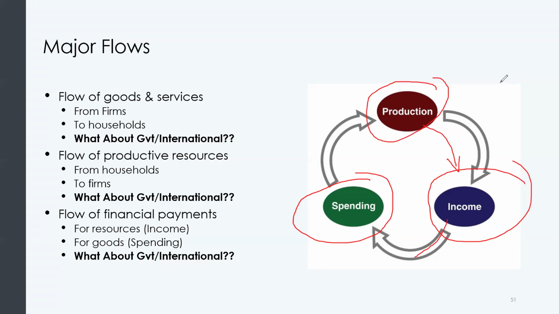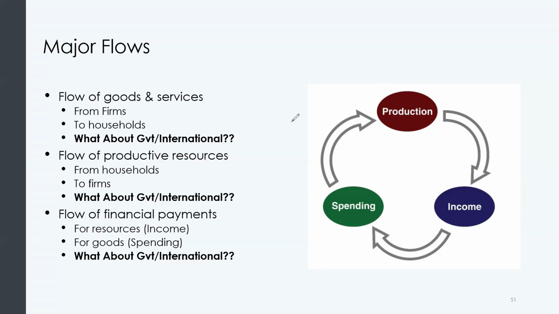But we're going to talk about injections and leakages in a moment. So everything should be equal. Because of that, when you do macroeconomics, you can measure GDP using production, income, or spending. You should arrive at the same answer because they should be the same.